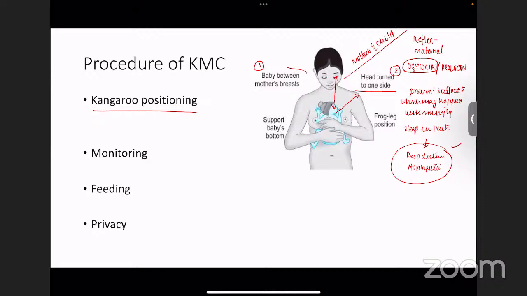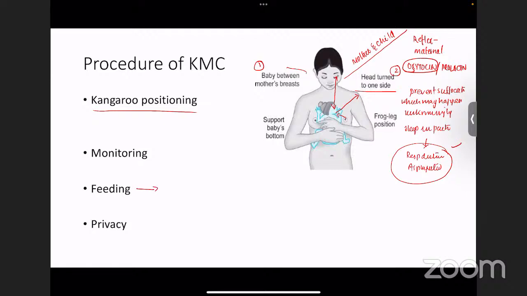In order to activate that ejection reflex, the mother should have a love bonding with the baby. This may be improved by eye to eye contact. As a result, the bonding improves, the love for the baby increases, which increases the oxytocin release, and there will be ejection of milk. Now this milk will be used for breastfeeding the baby.